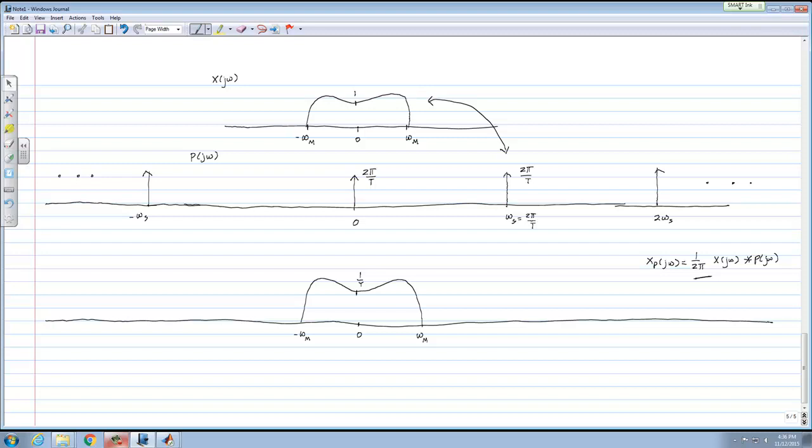That's like convolving X of j omega with a shifted version of the impulse, so it's going to shift my X of j omega. I'm going to get something like this, centered at omega s. Where is this point going to be? This is omega s minus omega m, and this is omega s plus omega m.